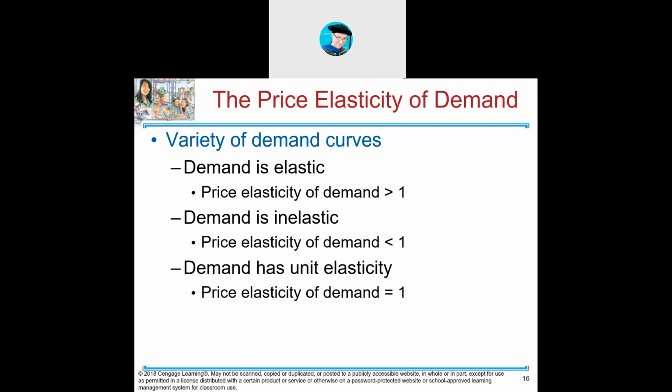And demand has unit elasticity if it is equal to 1. So with price elasticity greater than 1, we call that elastic. It's inelastic if it's less than 1, and it's unit elastic if it's the same as 1.